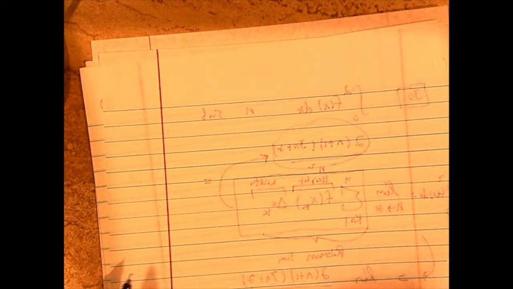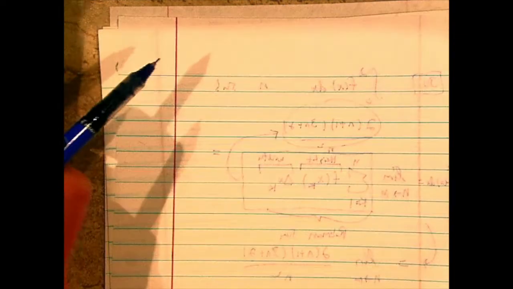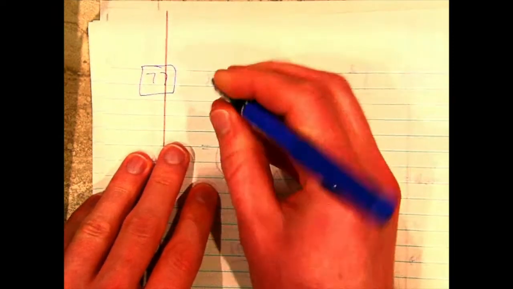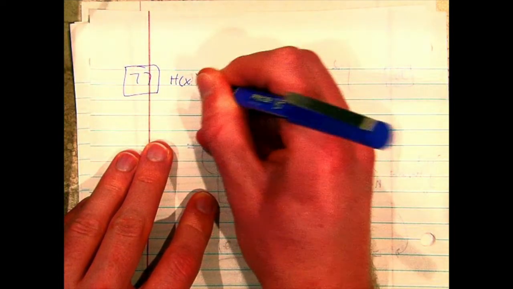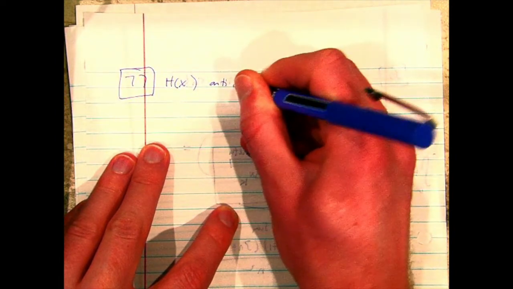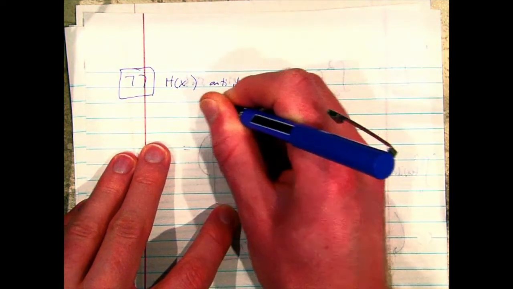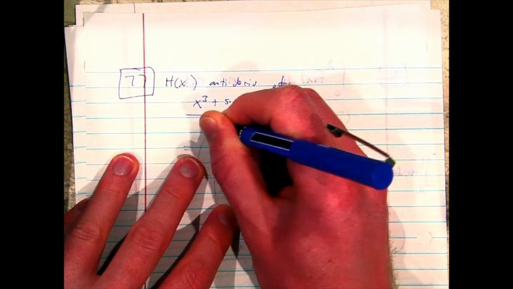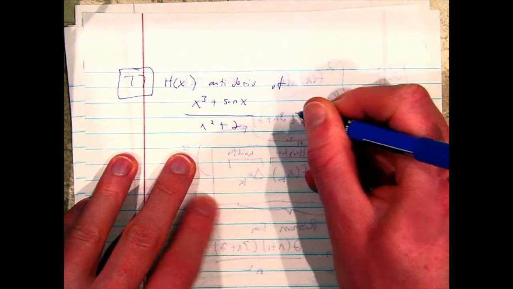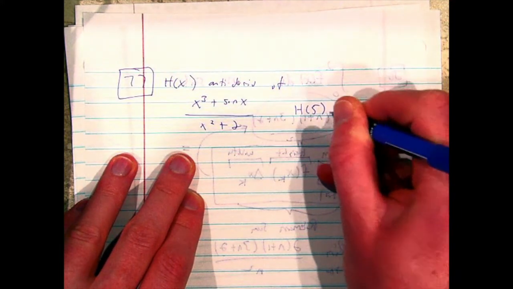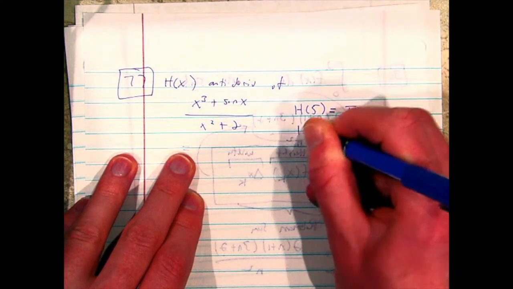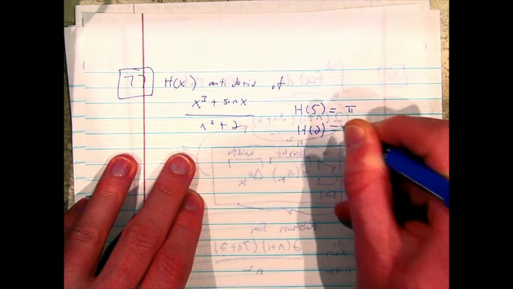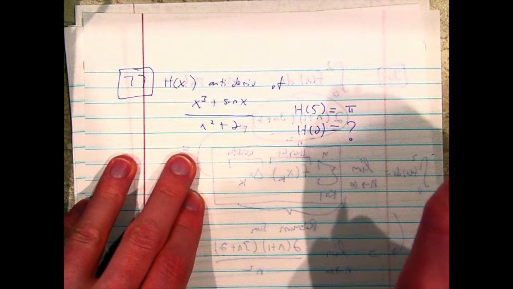Let me switch to my notebook here. 77: h of x is an antiderivative of the function x to the third plus sine x over x squared plus 2, and they tell us that h of 5 is equal to pi, and they are asking what is h of 2.